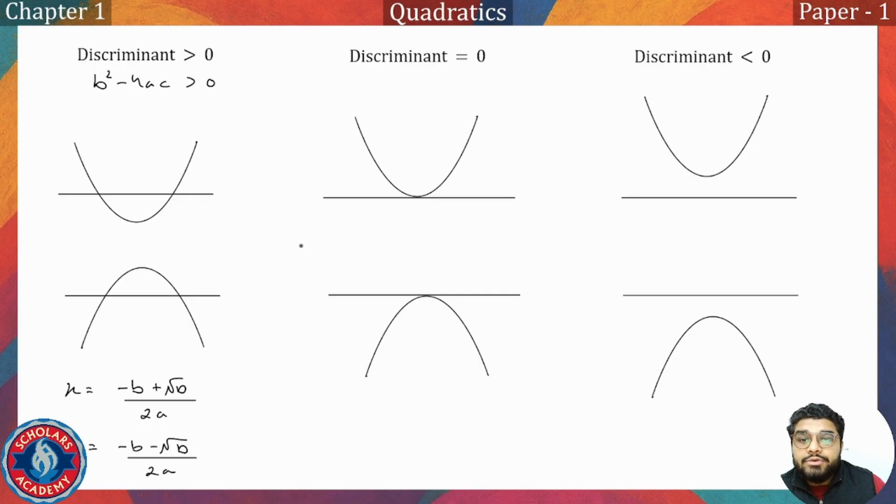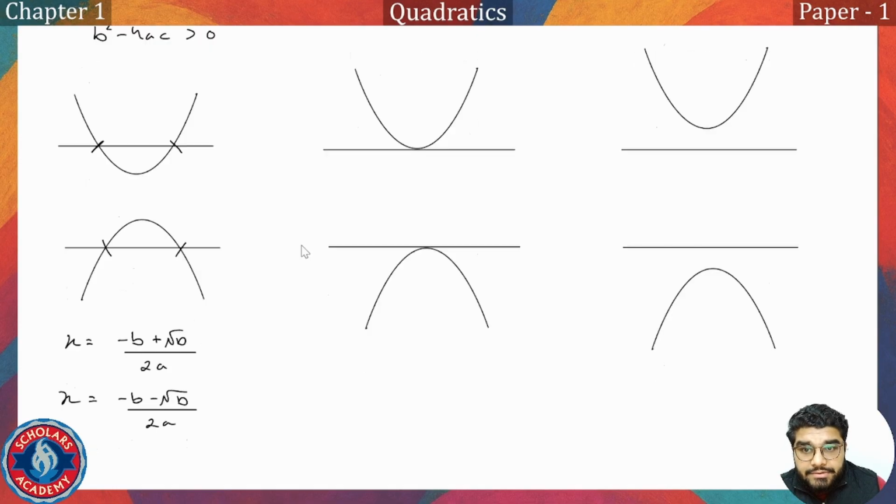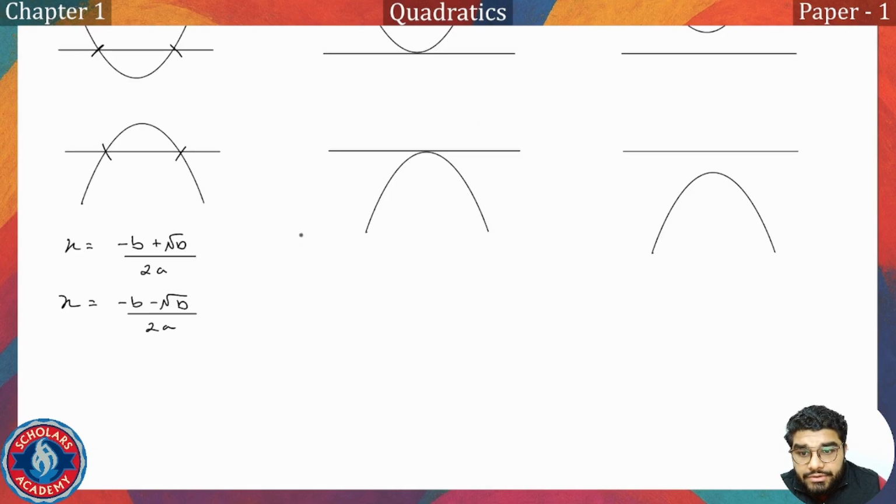It means we'll get two real roots. The graph will actually intersect the x-axis. So we get two real roots.